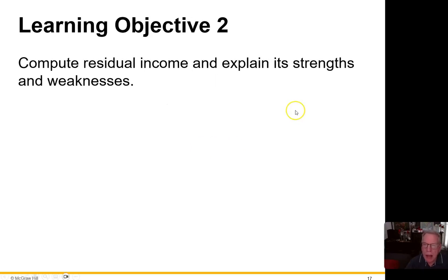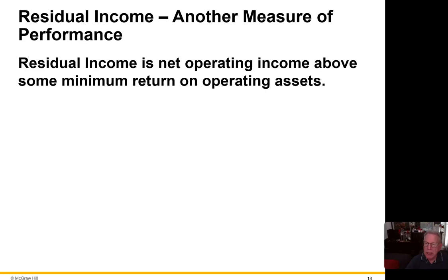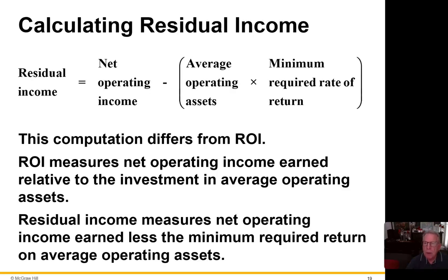Okay, so now let's look at residual income and explain its strengths and weaknesses. Residual income is the net operating income above some minimum threshold for return on operating assets. So here's our net operating income. Here's our average operating assets.